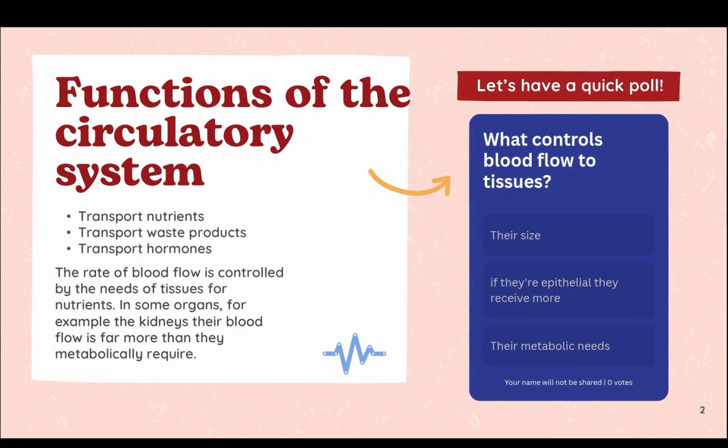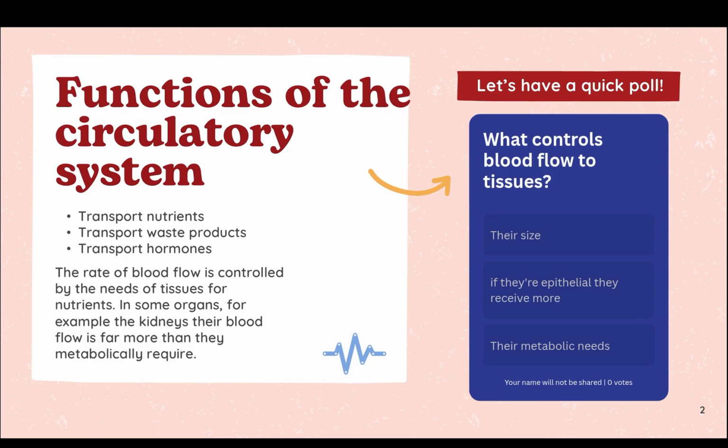So let's talk about the functions of the circulatory system. We have three functions, or three cargoes, the circulatory system transports: nutrients, wastes, and hormones. Now, the rate of blood flow is controlled by the need of tissues for nutrients. Let's say your skin is in need of oxygen, then blood flow increases there and it gets the oxygen that it needs.